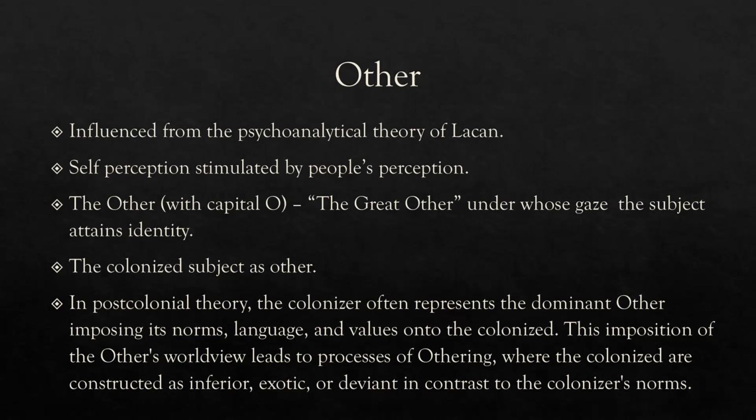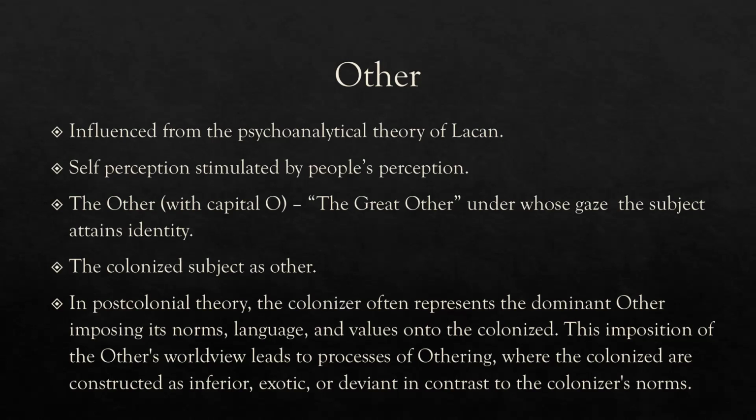In post-colonial theory, the colonizer often represents the dominant other, imposing its norms, language, and values onto the colonized. So the Western can be considered as the dominant other who is hegemonizing, trying to implement their own culture, their own languages onto the colonized. This imposition of the other's worldview leads to processes of othering, where the colonized are constructed as inferior, exotic, or deviant in contrast to the colonizer's norms.